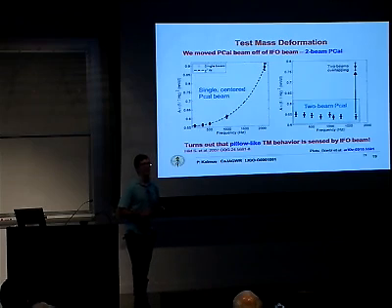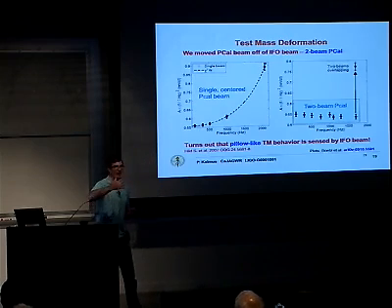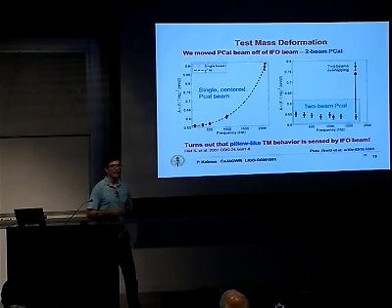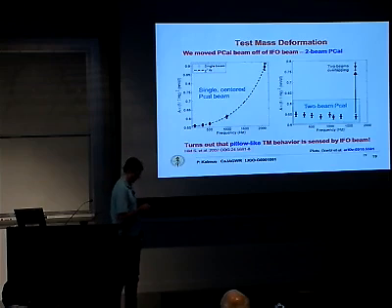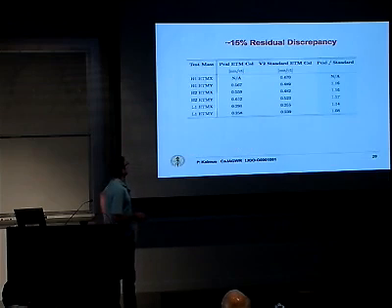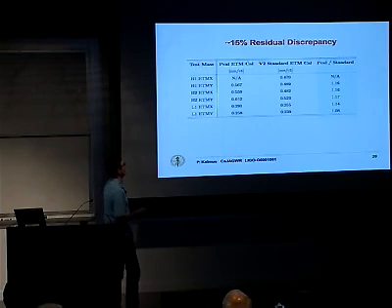And so you end up thinking that the test mass is moving less than it actually is. So, okay, we took care of that, split the beam. We're not sitting on top of the main IFO beam anymore. We still had this residual discrepancy here.